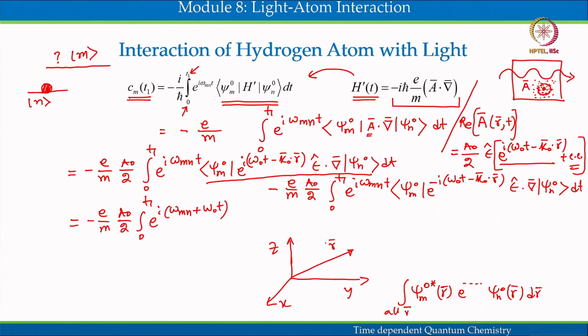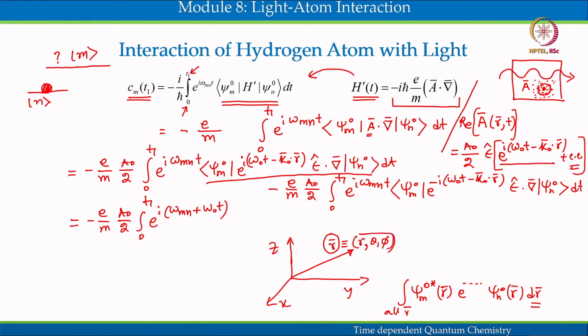Then r vector can be in any direction, and this r vector can be very conveniently written in terms of scalars, which is r, theta and phi. So either I express this integration in terms of the vector, dr bar, or I re-express it in terms of scalar quantities r, theta, phi, which will give me the same result.